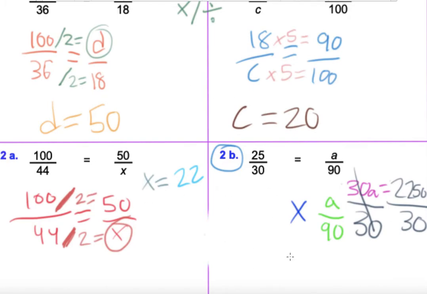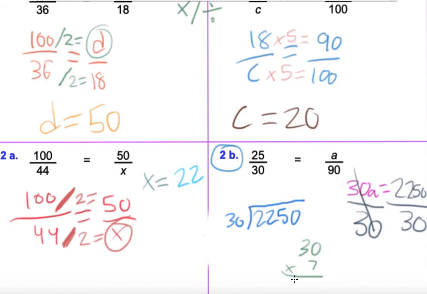And I'm gonna show you how you can check that. So we have 2250 divided by 30. 30 does not go into 22. It goes into 225. Let's see, 30 times 7. Yeah, it's 7. Okay, so that's 210. I like doing the math.